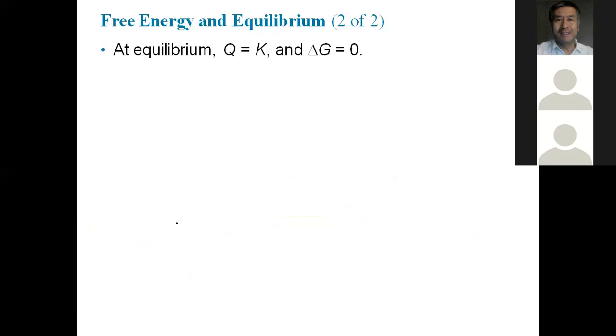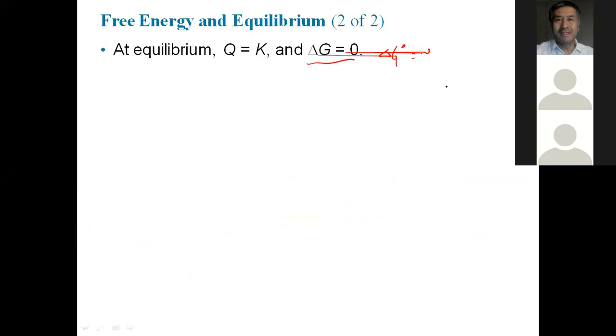Now, as one student asked, I think that was Steve, when delta G equals 0, that becomes equilibrium. So either way, whenever delta G becomes 0, we have equilibrium.